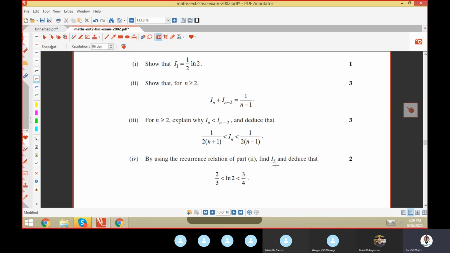And then look, and deduce that this occurs. Where do you think they would have subbed in I5? Into probably here. So 1 on, let's see, 5 plus 1 is 6. 1 on 12 is less than I5.